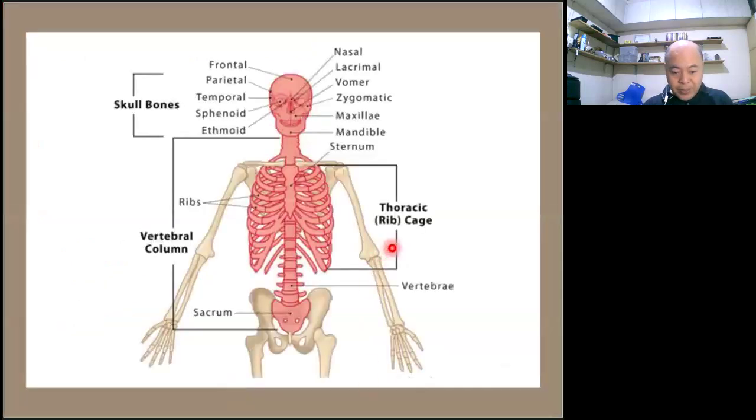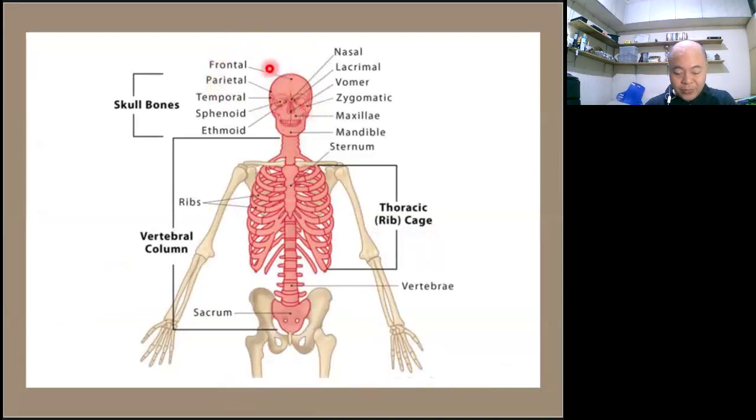We have a bigger diagram. We have here the skull bones, which we will not go much into detail because we're trying to focus on movement, and we're just discussing the skeletal system and how it is related to movement or exercise.